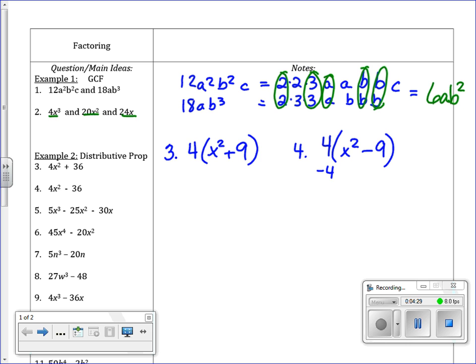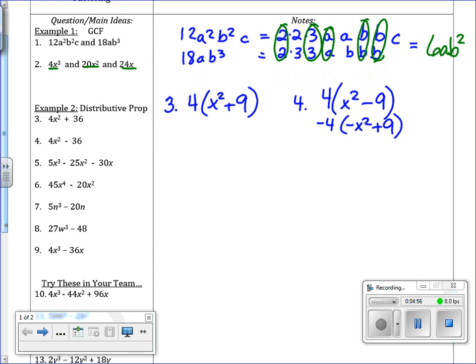I'll pull out a negative 4, and it would be negative x squared plus 9. If I multiplied negative 4 to the terms inside of the parentheses, I would end up with 4x squared minus 36. I just want you to see that as an example because we might have to do some number maneuvering further down in our notes, so we might need to understand how that can be changed.